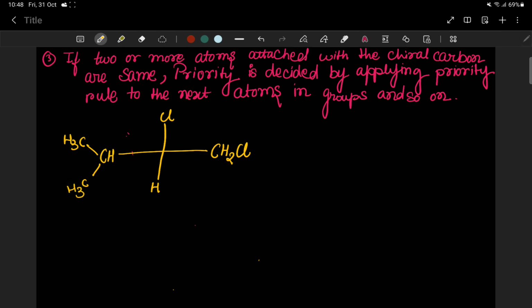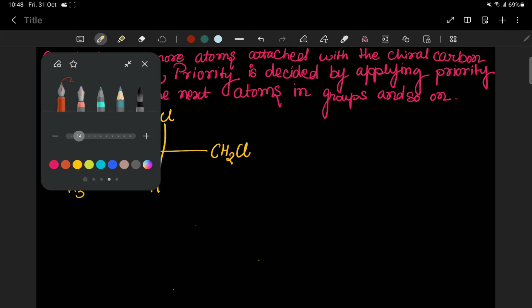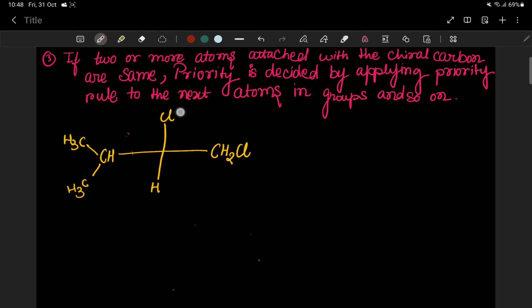Fine. See, I'm taking a different plane for it. So this is clear that chlorine is going to have the highest priority and hydrogen is going to have the least priority. Done. Now who is going to be 2 and who is going to be 3? What does this mean actually? This carbon means here it is in this form, CCl, and this is our hydrogen and this is our hydrogen.